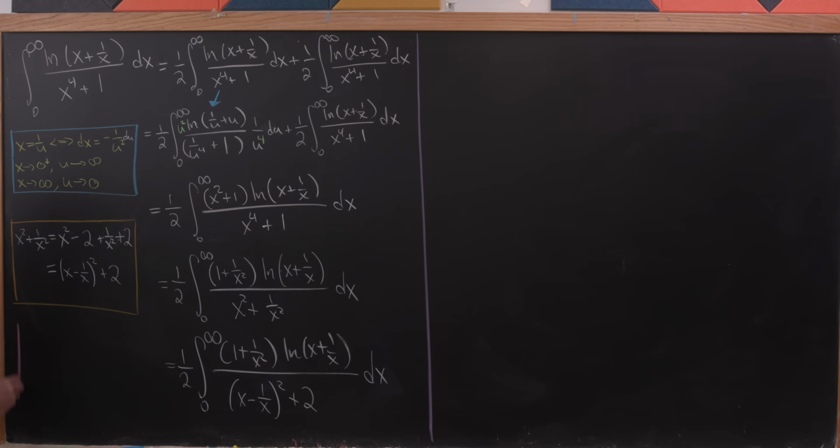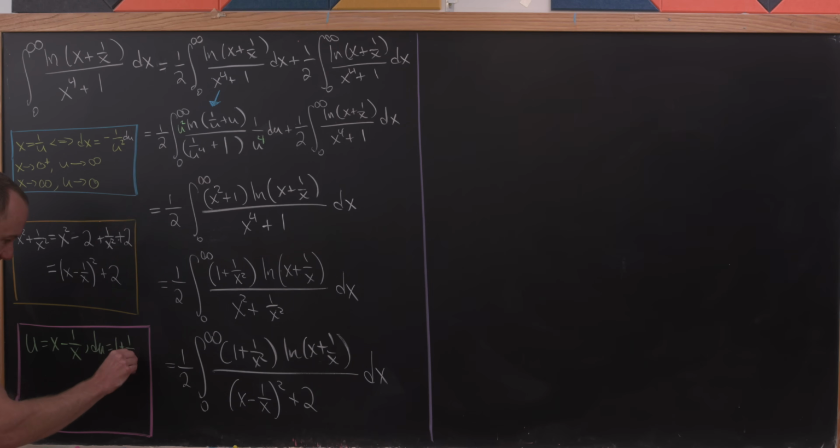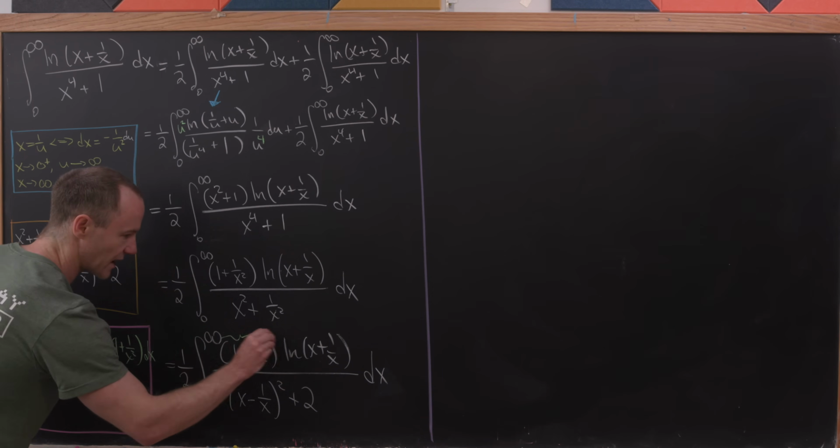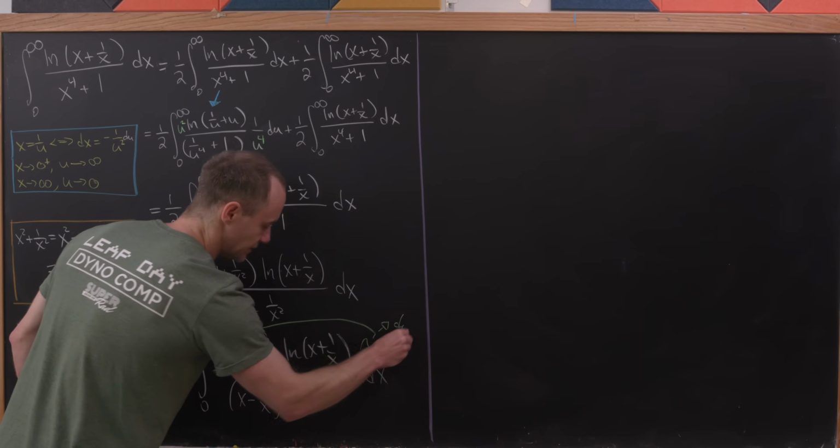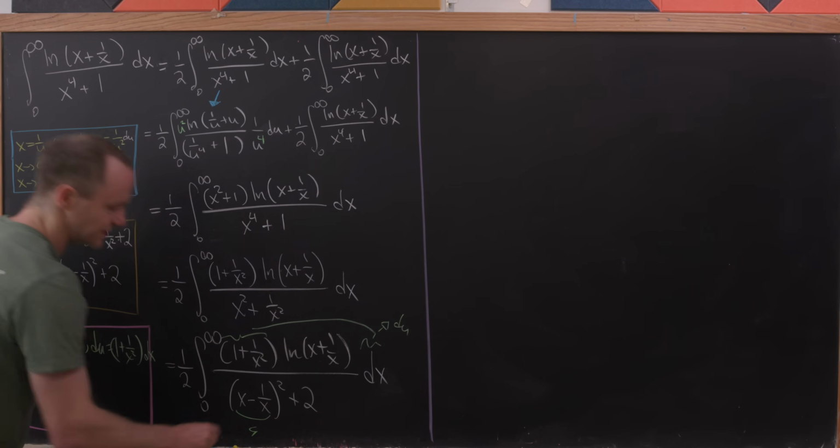So let's make that substitution here in this magenta box. Now we're going to make the substitution where u is x minus 1 over x. And then, like I said, du will be 1 plus 1 over x squared dx. Let's observe that this term right here, along with this, is our du. And then here I've got this u term.